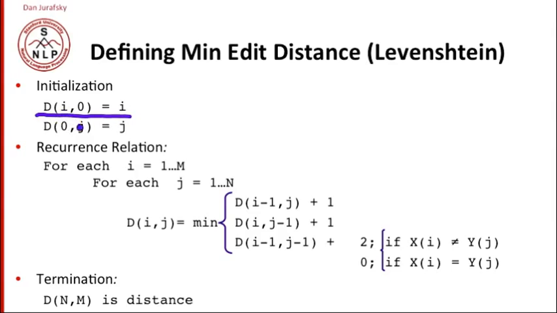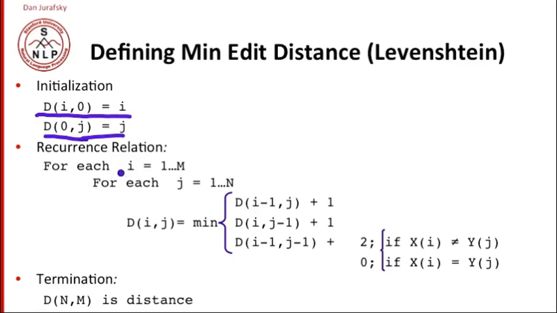So the cost of those is the length of the string. We're deleting each character. And similarly, for inserting all the characters into y to create the string y, the distance between the null string of x and the string of y is just the length of y, the insertion cost of y. And then we'll do the recurrence relation.